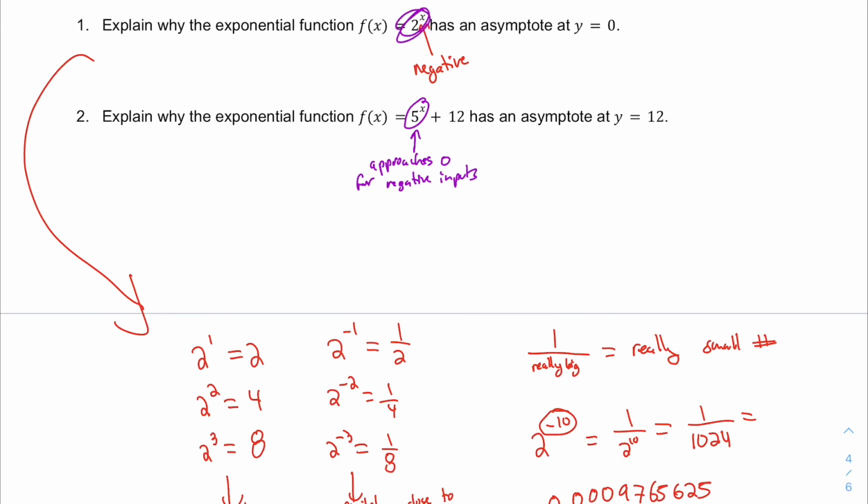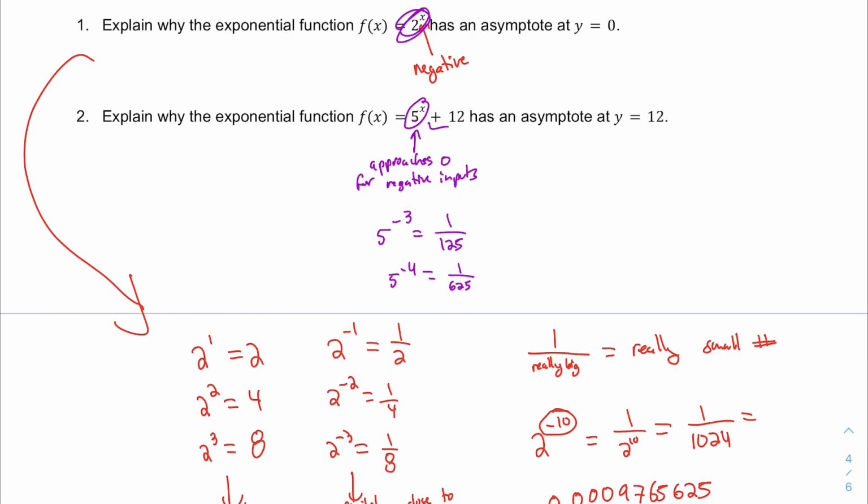Just like 2 to the x creates an asymptote at 0, 5 to the x approaches 0 the more negative of an input we put in. Say we put 5 to the -3, that's equal to 1 over 125. That's already pretty small. If we put in 5 to the -4, it's 1 over 625. So as we put in more and more negative values, we're getting closer and closer to 0.